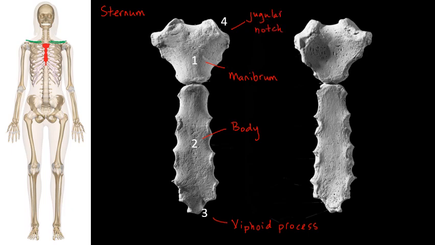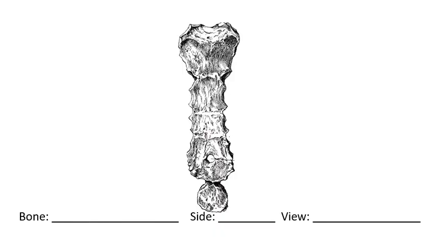Okay, let's move on to the sheet we're working along with. So at the top, as pointed out, we have a jugular notch. We have the manubrium. We have the body. And here we have the xiphoid process.